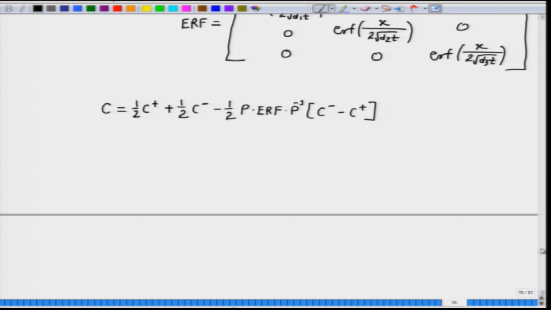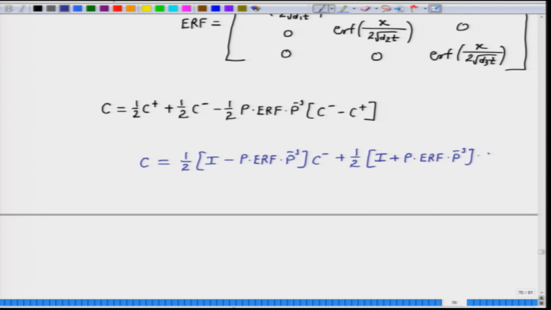We can arrange this in a better, more good looking form as C is equal to half into I minus P times ERF times P inverse, times C minus, plus half into I plus P times ERF times P inverse, into C plus.